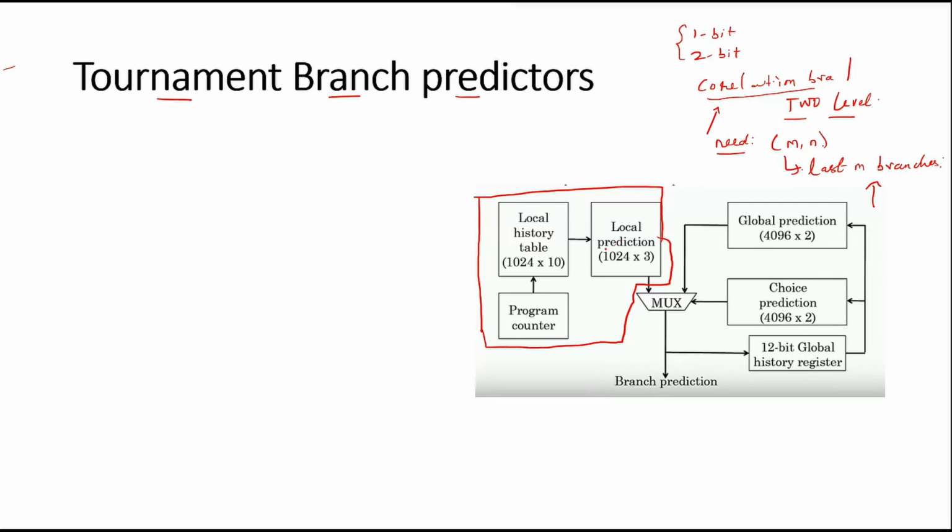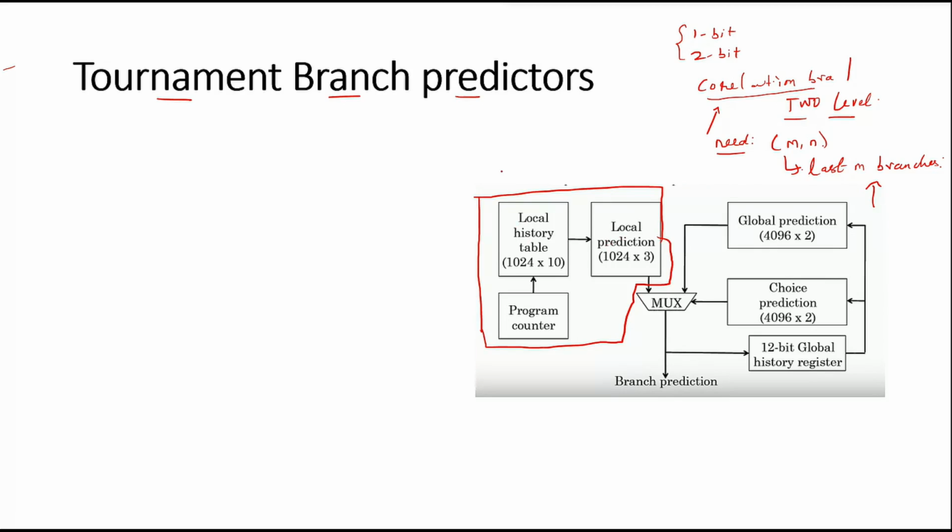What is the need for the history table? What does it contain? Can anyone answer? Only the local prediction table gives whether the branch is going to be taken or not.